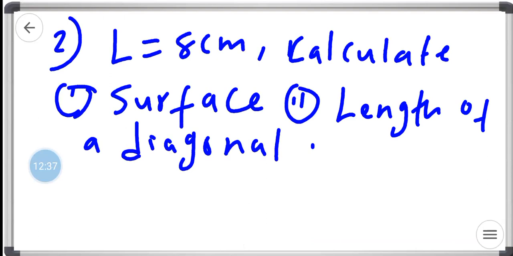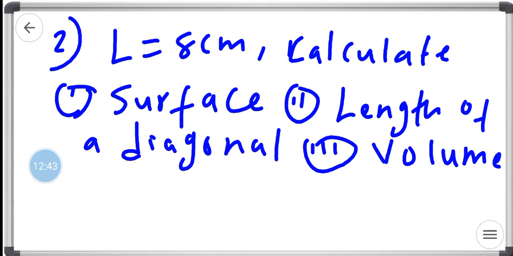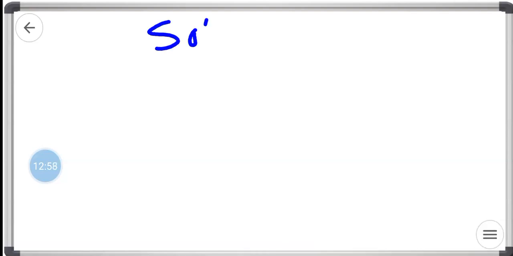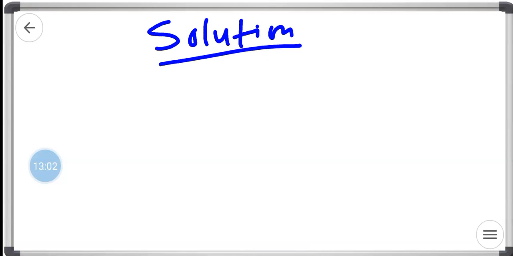And question 3, volume. So we're told that the cube has a length of 8 centimeters, and we want to calculate the surface area, length of a diagonal, and volume. So quickly, solution. The length of the cube is 8 centimeters.